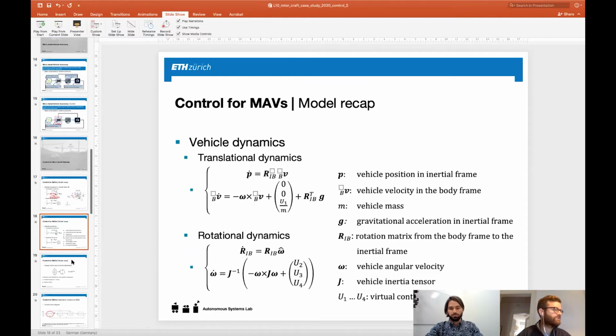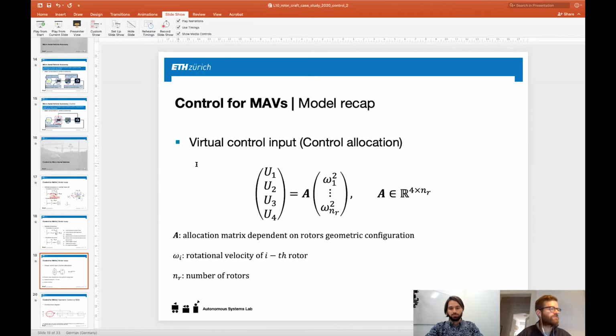For the control itself, I just talked already about the virtual inputs. So we have this formulation that connects the virtual inputs u1, 2, 3, and 4 to the rotor speeds via this geometric allocation matrix.